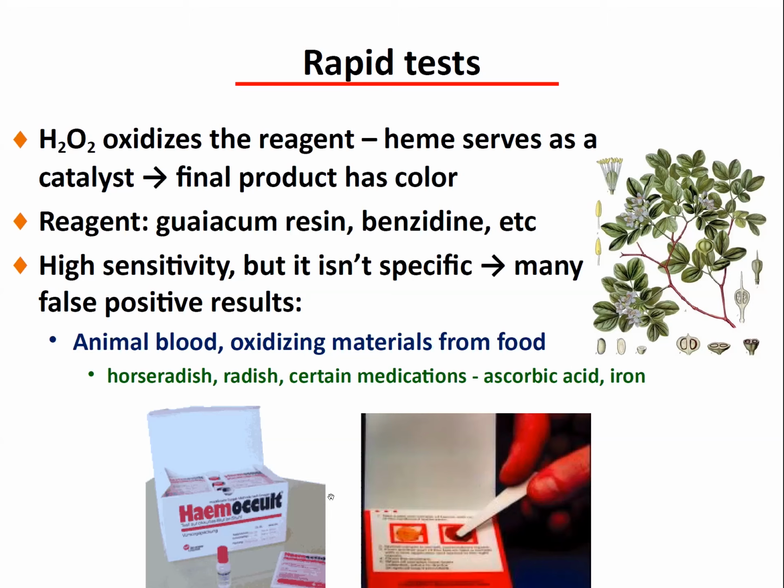A negative Weber test or hemocult test doesn't mean that the patient does not have any tumor. So if somebody has iron deficiency, colonoscopy is always required to exclude a tumor. Keep that in mind.